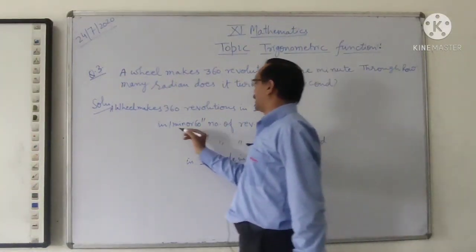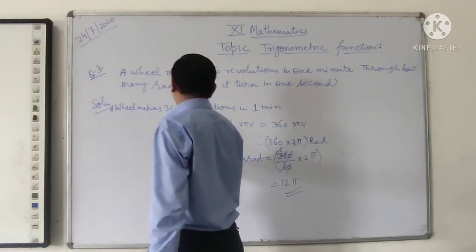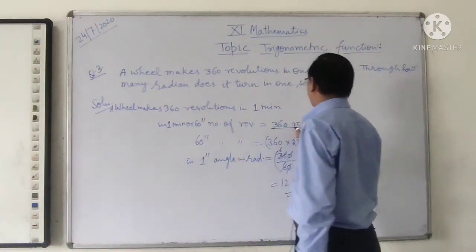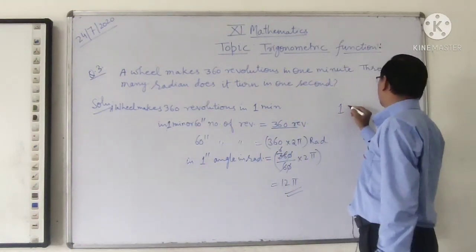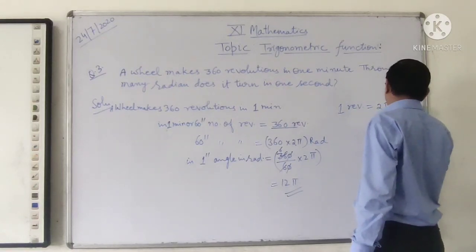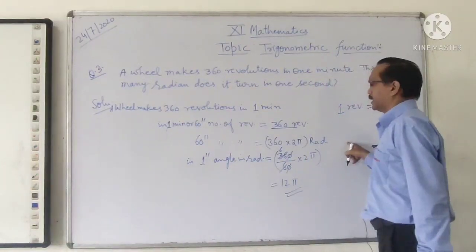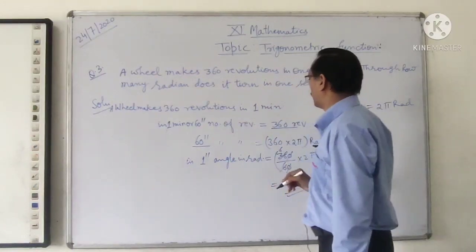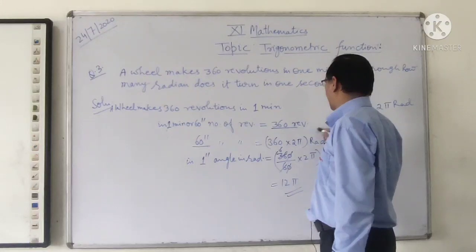It means in 1 minute or 60 seconds, the number of revolutions equals 360. One revolution means 2 pi radian. So it is 360 into 2 pi radian in 60 seconds.